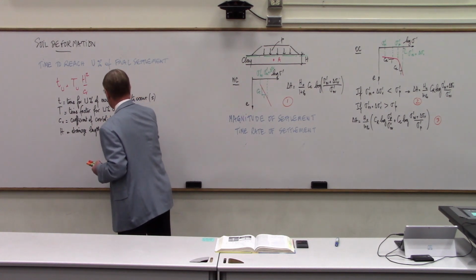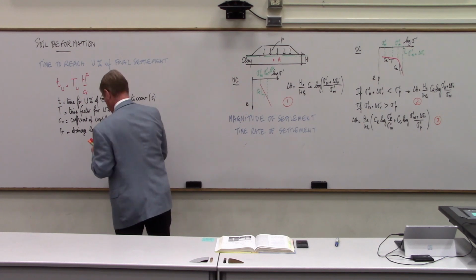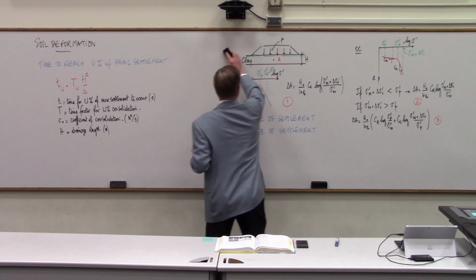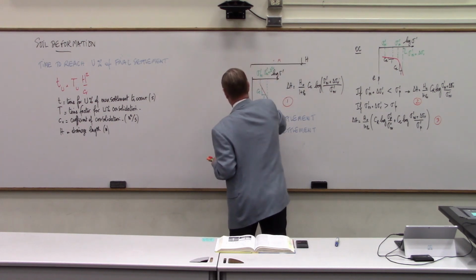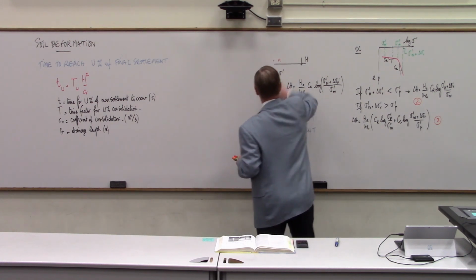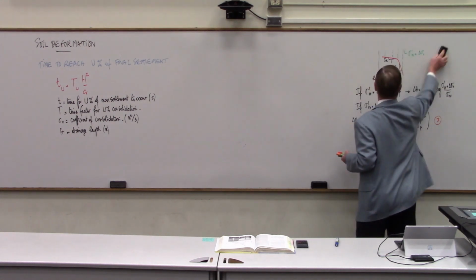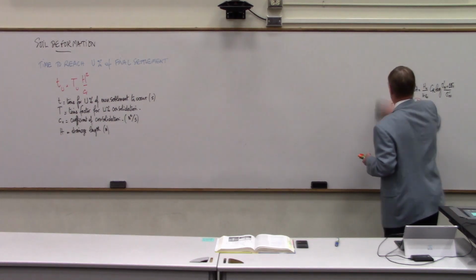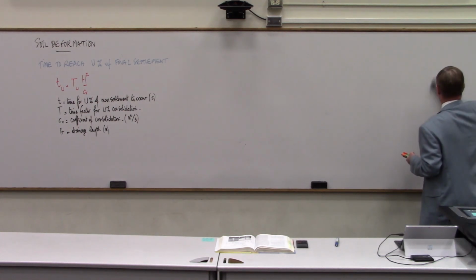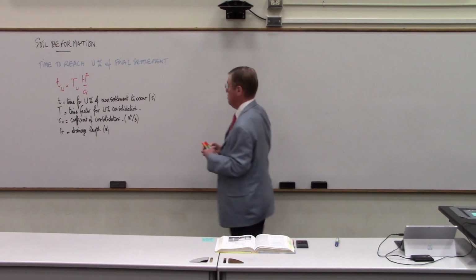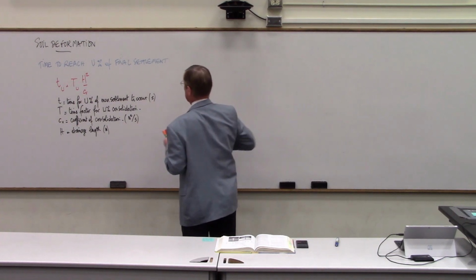And then drainage length is going to be in meters. And when it comes to the drainage length, we distinguish two special cases. The first one is called one-way drainage, and the second one is called two-way drainage.